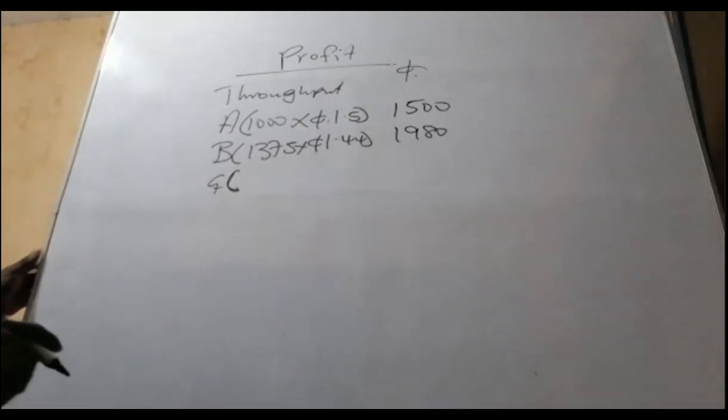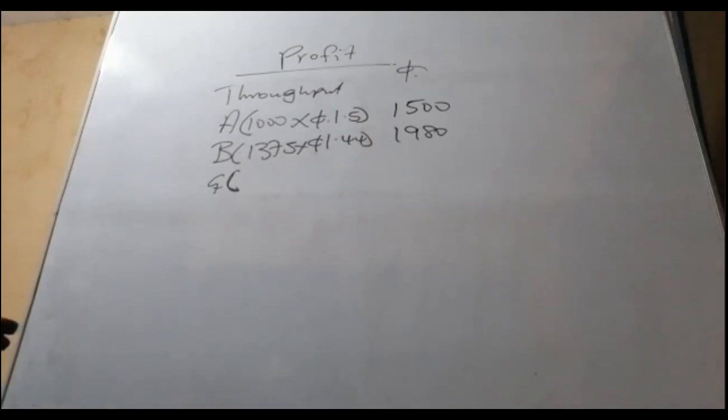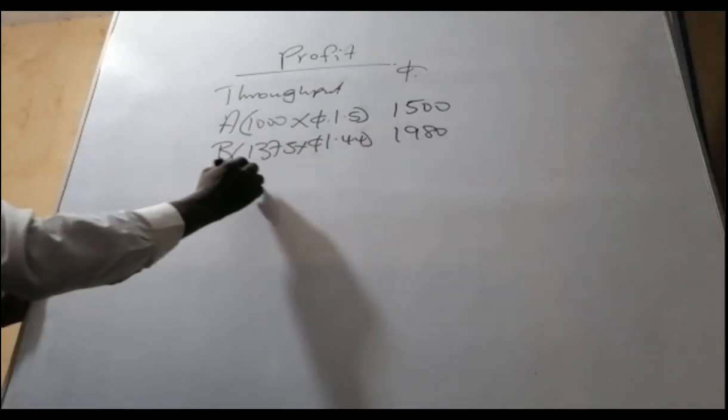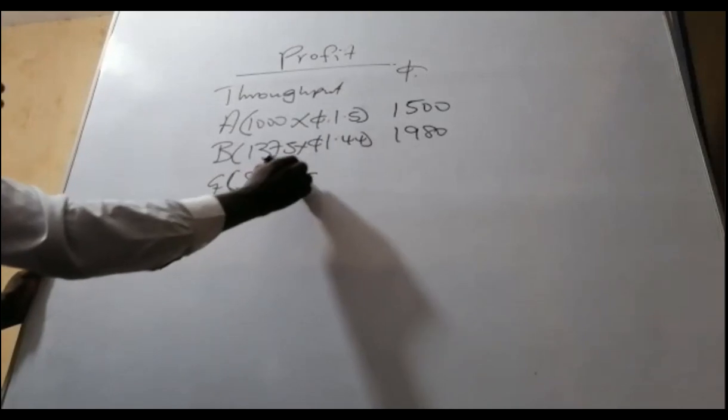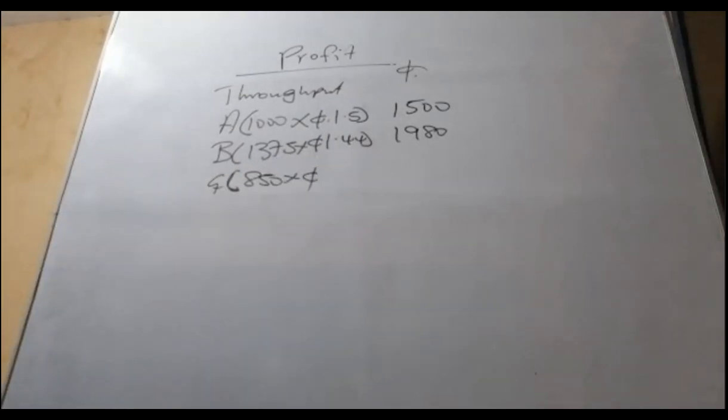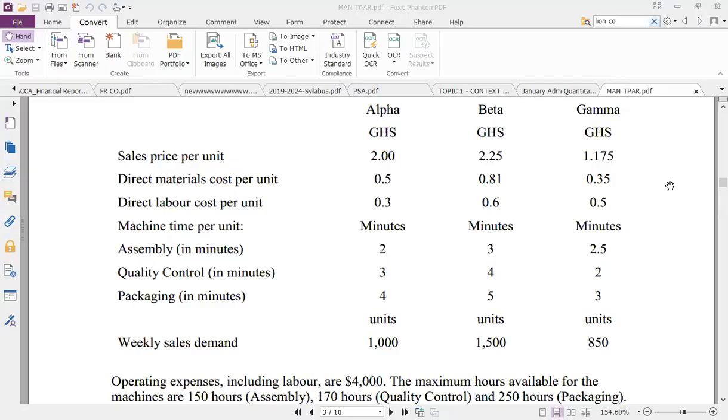And the last one, gamma. For gamma, the demand was what? 850, right? And then the throughput per unit is what? Let's go to the question. We have 1.175 less 0.35, that's 0.825.